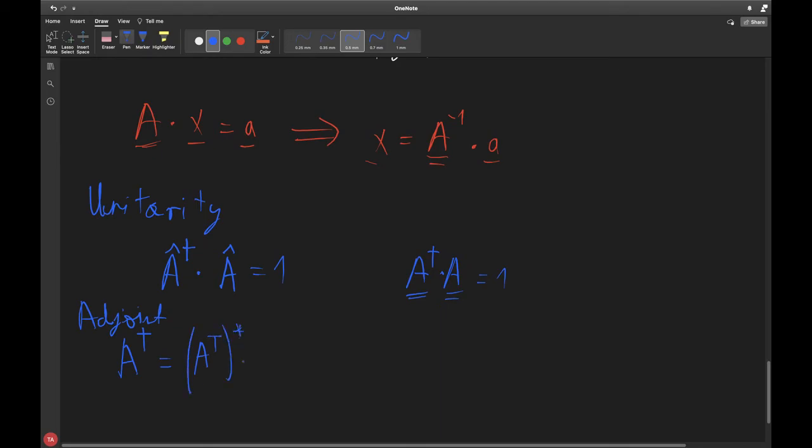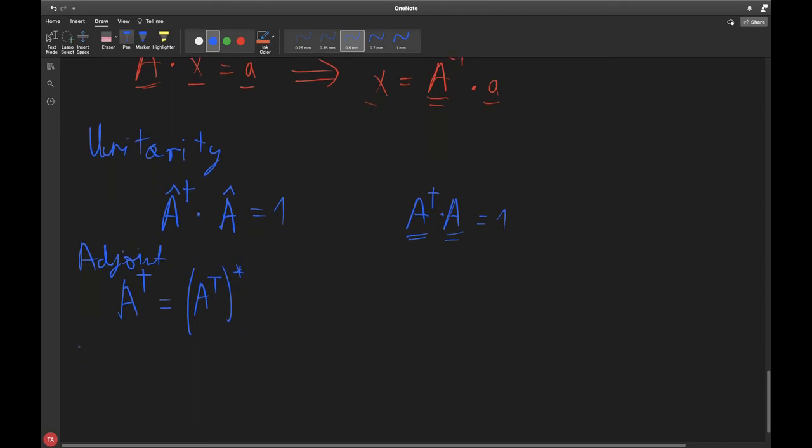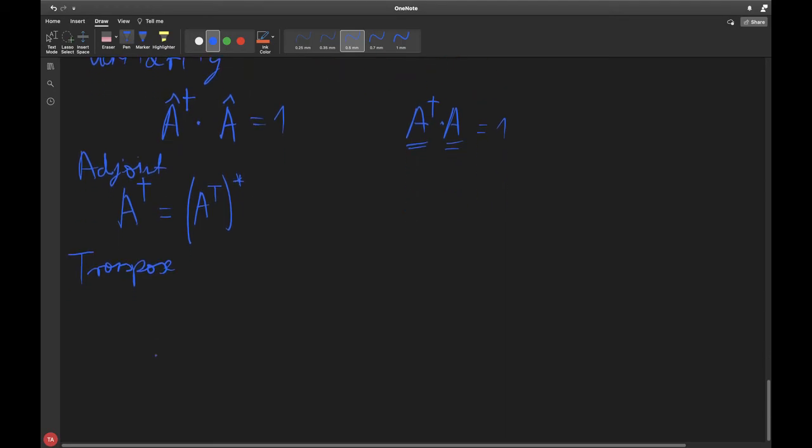All right, so what does that mean then? Transpose means that you change the off-diagonal elements. So if you have A, B, C, D, the transpose of that is the same, with A and D staying there, but B and C swap.